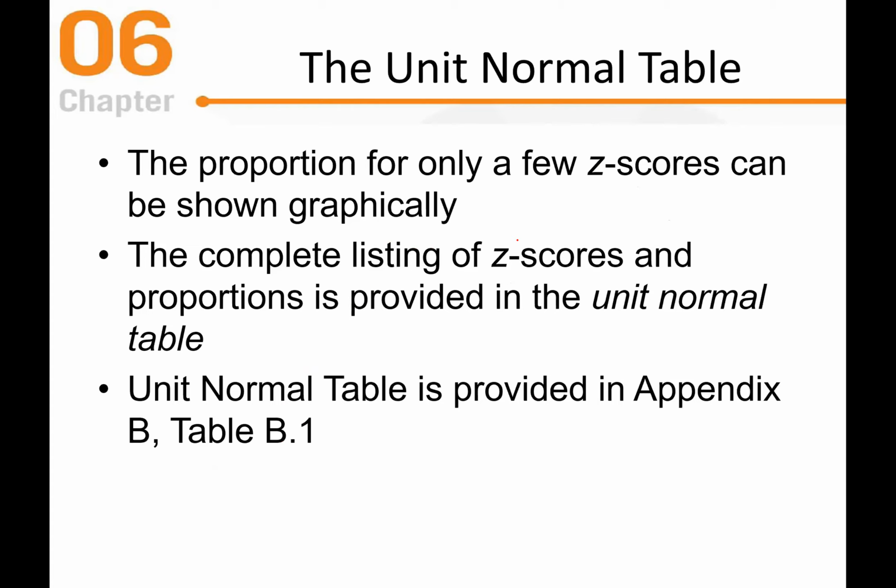So the unit normal table. The proportions for only a few z-scores can be shown graphically. We only showed about 6 of them. The complete listing of z-scores and proportions is going to be provided in the unit normal table. This is going to be in the appendix of your book in Table B1.